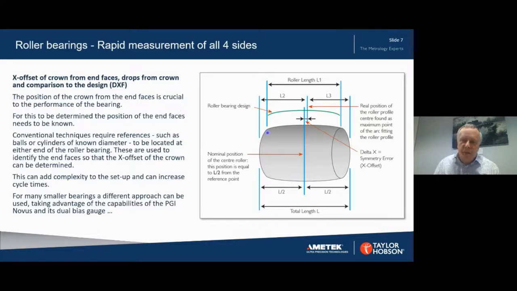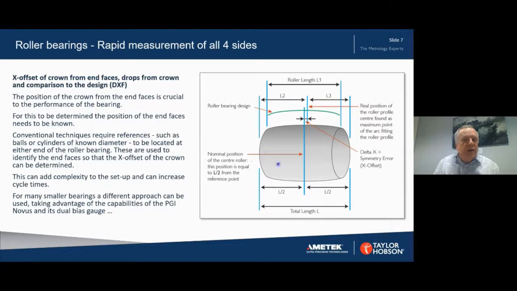On the right in the picture, we can see the bearing, we can see the end faces, and the center line here is the nominal position of the roller based on those end faces. But the actual measurement across the roller profile here has a different crown in this case, and that is really the X offset error that we're interested in.